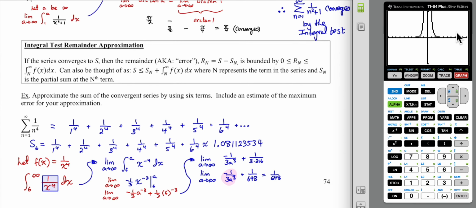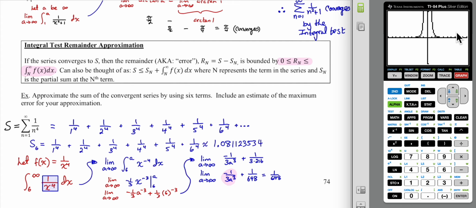So we ask ourselves, well, what did we just get from that? This piece, the part that I was apologizing for in terms of the formatting, we have a remainder that's based off of that integral that we just computed the value of. So we know that the series is going to converge to S. I can make a little note of that. So this whole thing is going to be S. That S is going to be thought of as the sum.